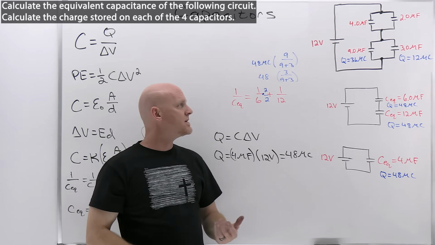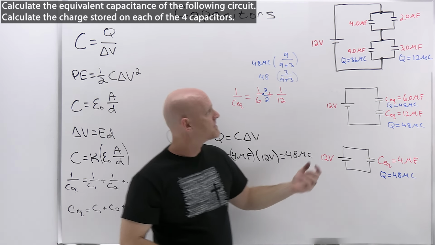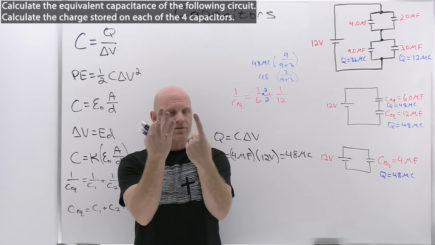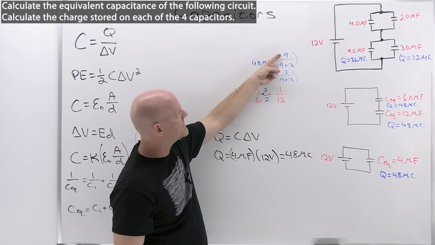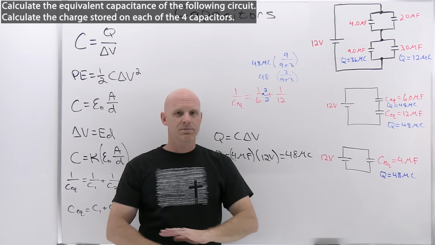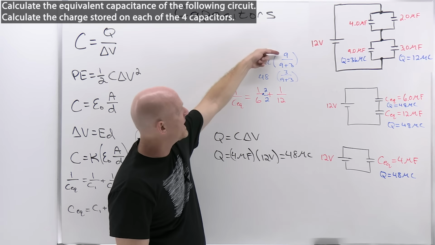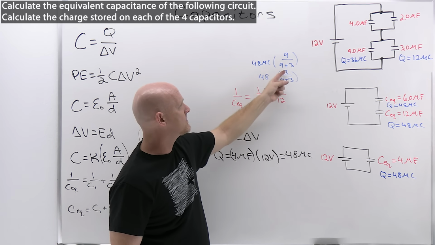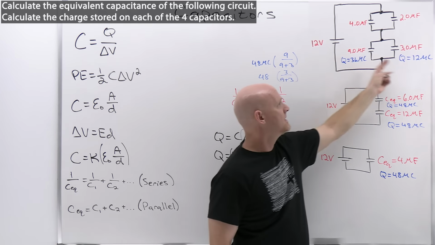In a 3-to-1 ratio, the 3 represents 3/4 of the total, whereas the 1 represents 1/4 of the total. And here's just a way of finding that 3/4 or 1/4, just using the exact numbers and not trying to simplify the ratio at all. And so 9 out of 9 plus 3 is 3/4 of the 48. 3 out of 9 plus 3 is 1/4 of the 48 between the two.